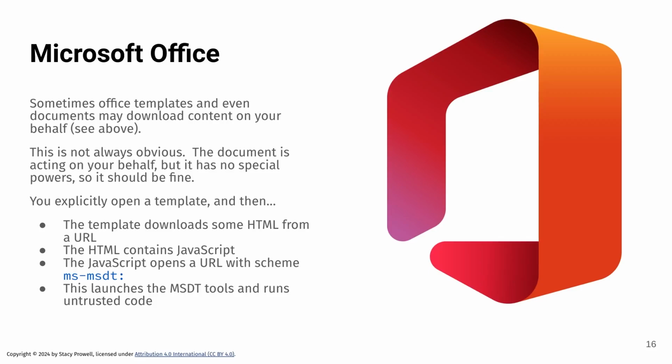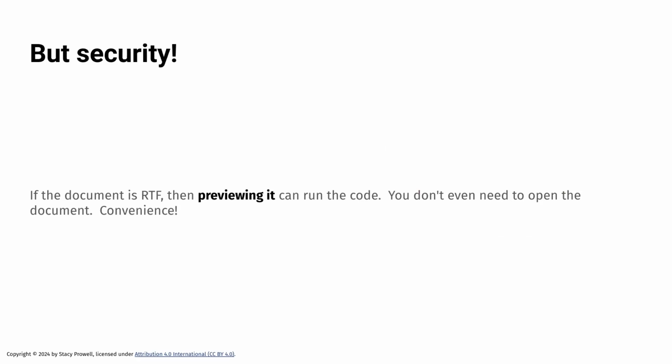That's going to launch the MSDT tool, and in this case, it's going to run untrusted code. Wait, untrusted code? Where was that untrusted code? Well, we'll see it in a moment. If the document is in rich text format, RTF, it turns out previewing it can run that code. You don't even need to open the document. When it generates a little preview in the file browser, it'll run the code for you then.